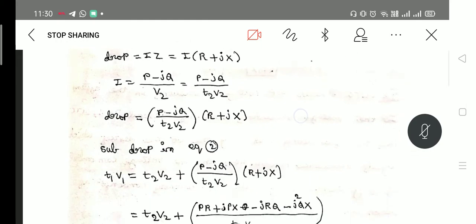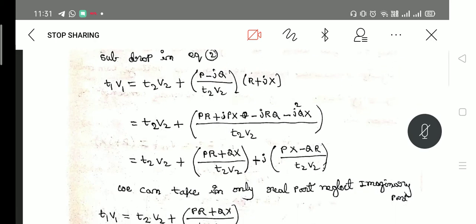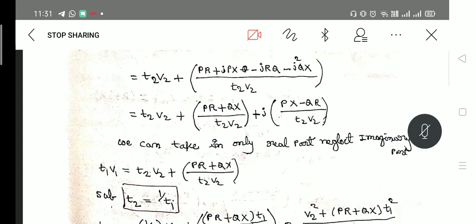Then we multiply these elements, P minus jQ by T2 V2 into R plus jX. We will get T2 V2 plus PR plus QX by T2 V2 plus j into PX minus QR by T2 V2. I am taking only the real part and neglecting the imaginary part.